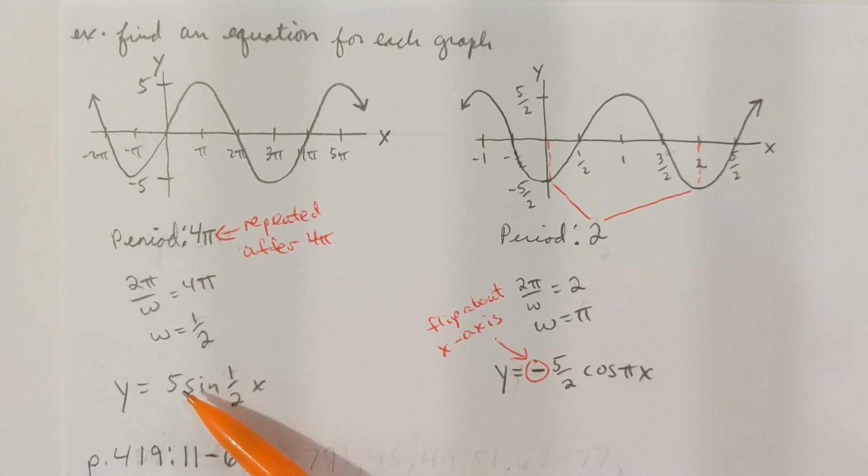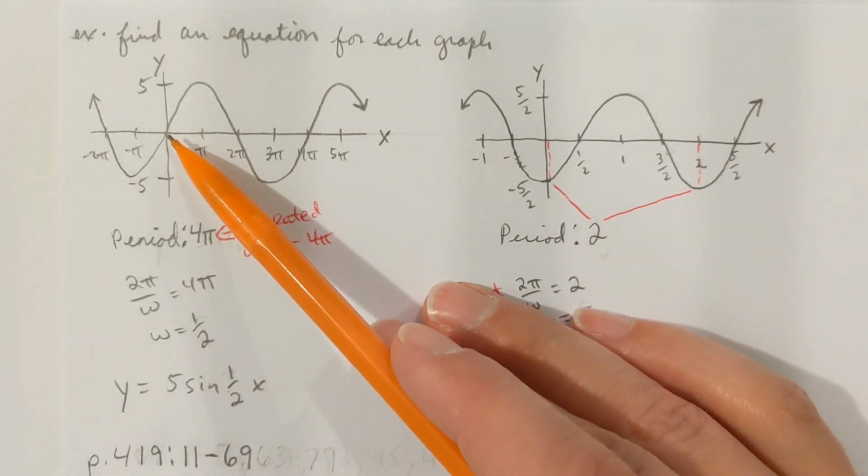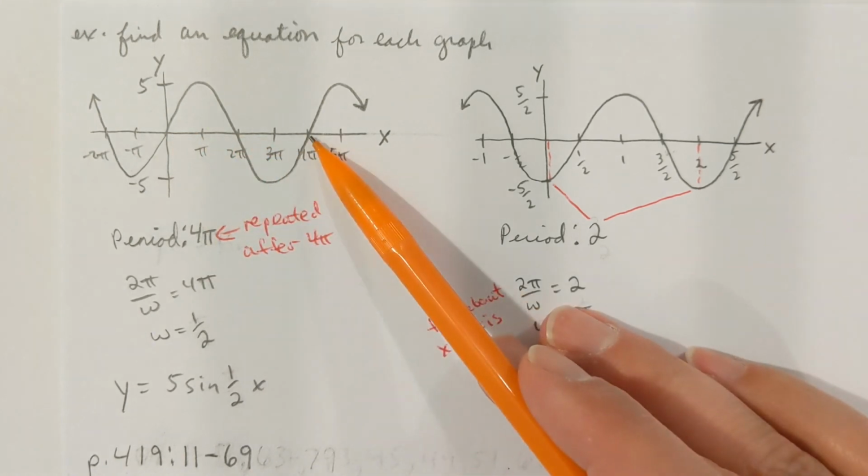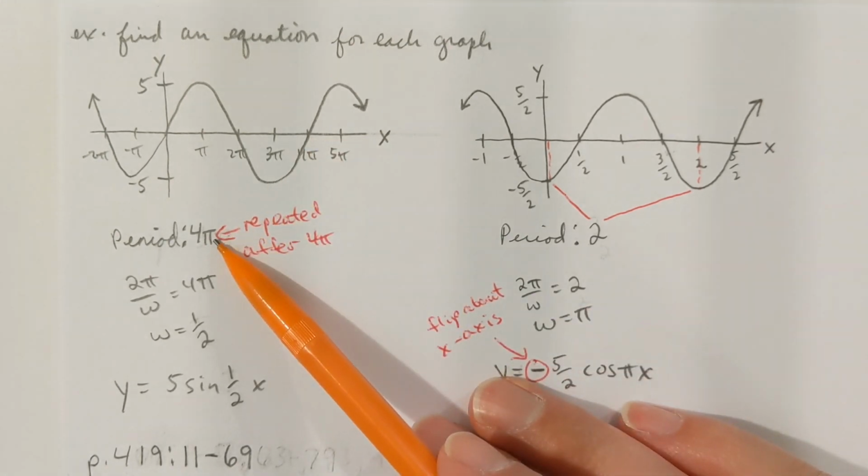And in this picture, it looks like this section going from 0 to 4 pi is going to repeat infinitely often. So the period would be 4 pi radians.